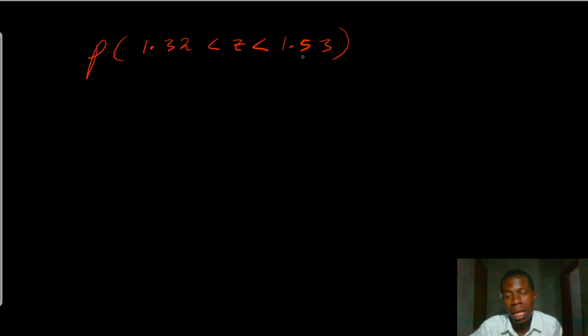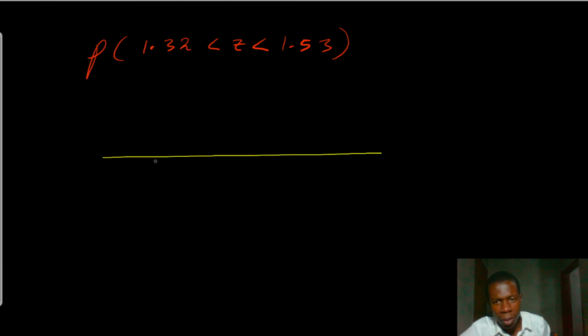Then the other consideration is when you are asked to find the probability of, let's say, 1.32 less than Z less than 1.53. How can you find the probability of that? Clearly here we see that Z is between two values. Let me give you a scenario. Suppose you have a plank and you have these two parts here.